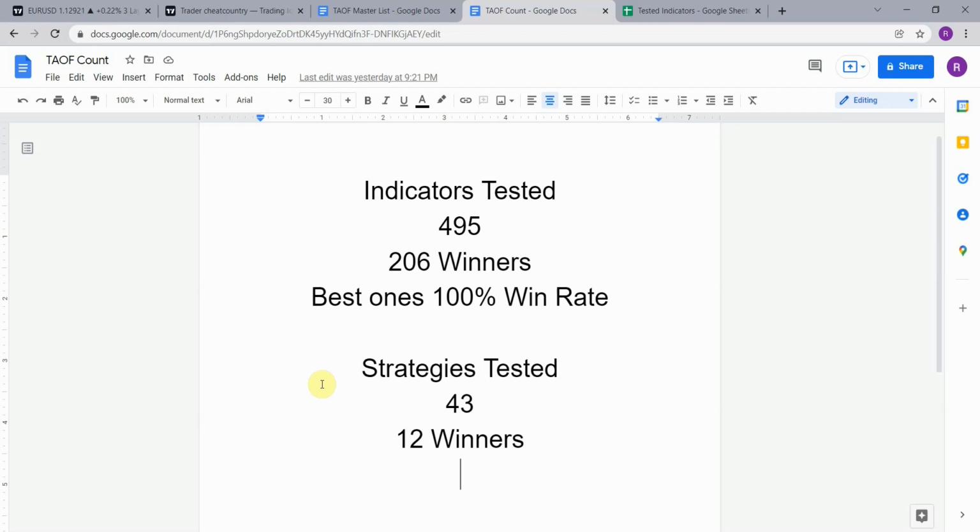The best ones so far were able to achieve a 100% win rate. Now you need to go back and watch those videos to understand the context of how they were able to achieve that. So go back and watch those videos and see what you can get out of those winning indicators. Keep in mind that we test all these indicators and strategies on the Forex market, but they can be applied to just about any market universally.